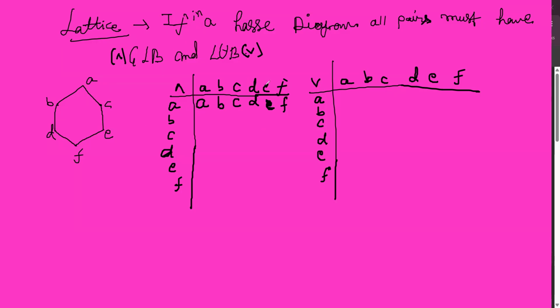Suppose I am finding AD. What is the lower bound of AD? Lower bound of A is all things, right? And lower bound of D is what? D, F. So what are the common elements? D and F. Understood?